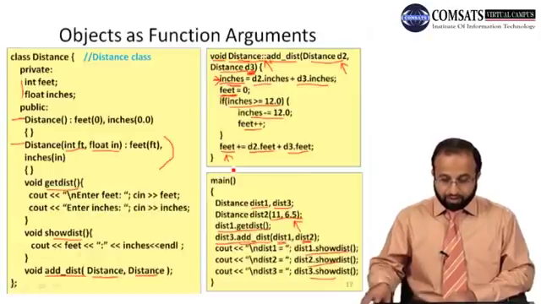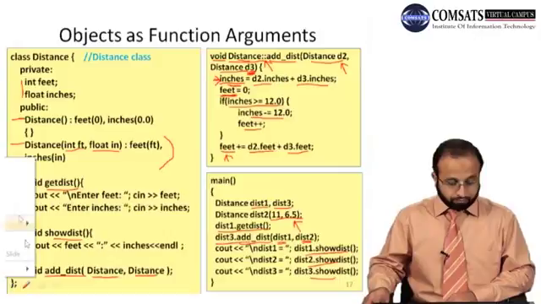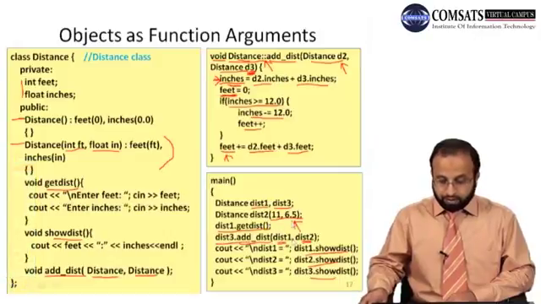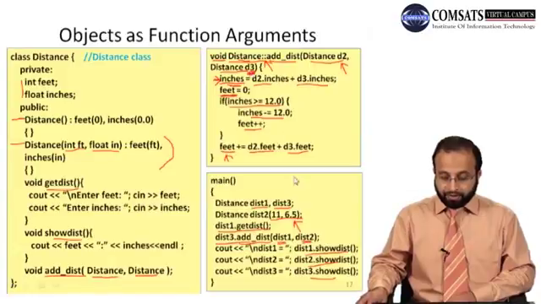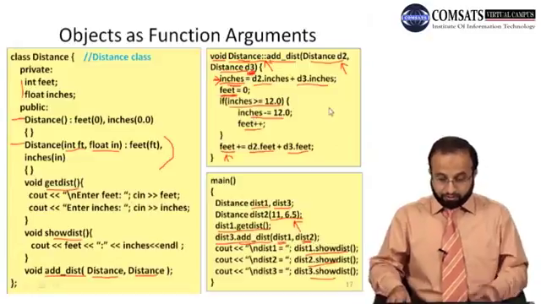सो बेसिकली हो क्या रहा है कि यहाँ पर d2 और d3 they are the local objects of addDest function. So when this function is called, control will come over here, memory is allocated for d2 and d3, and these values are copied to d2 and dest2 will be copied to d3.